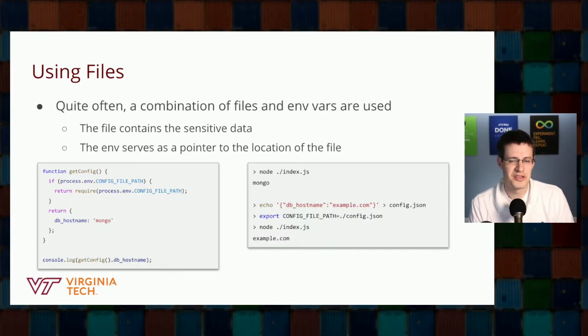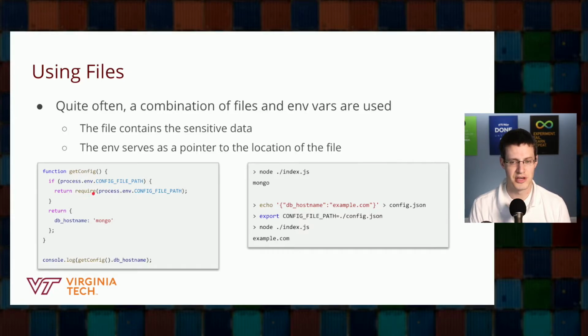And this is another node-based example, in which when I first run this, I just get index.js. What's happening here is a function, getConfig. If there is an environment variable named CONFIG_FILE_PATH, I'm going to load that.